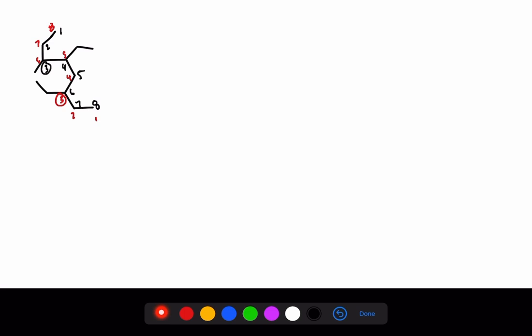Numbering it the first way we had it, the second branch comes on the 4th carbon. However, if we were to number it the second way we did it, with the red numbers, it would be on the 5th carbon. So we will be choosing the first way we numbered it because that gives us the lowest numbered carbon for the second branch.